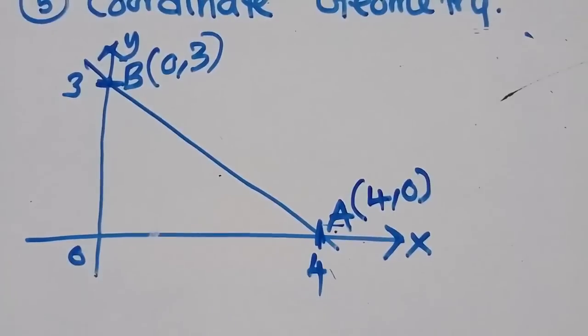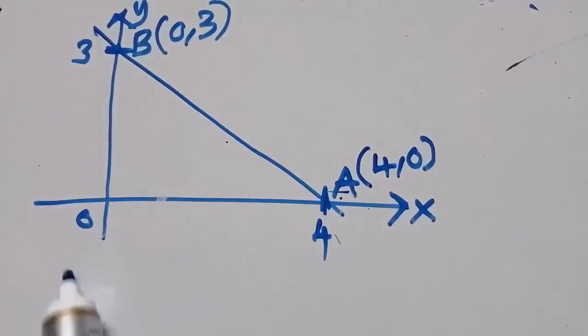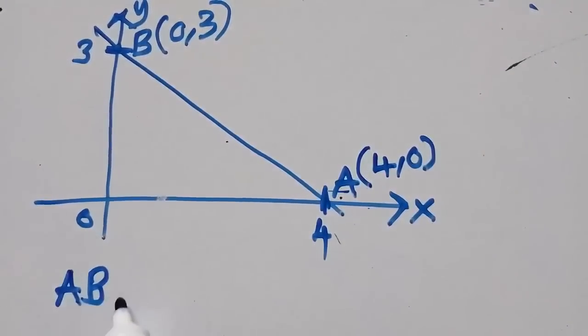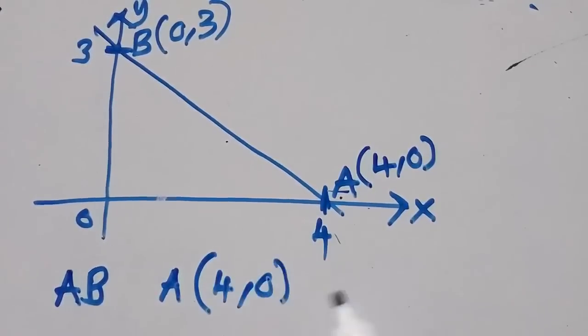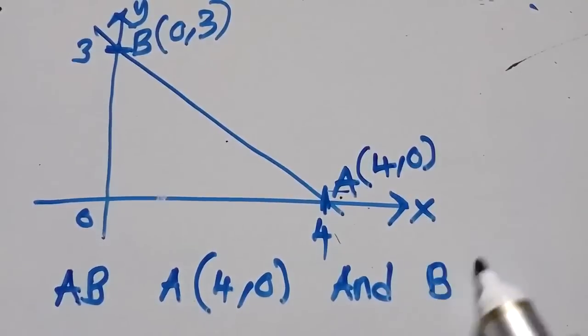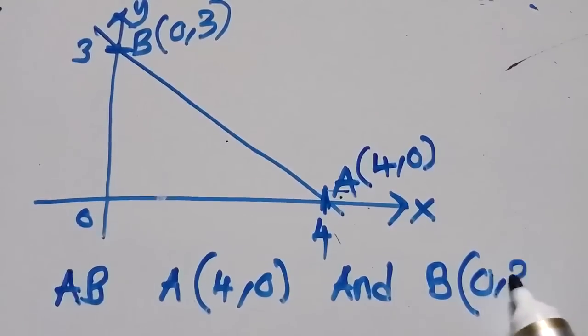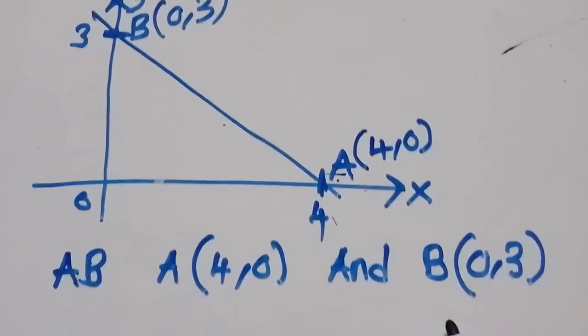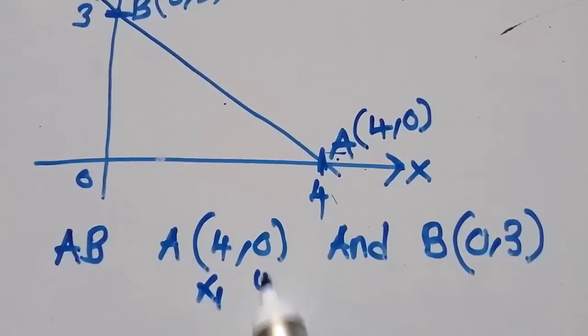So like in this case, let's say you're told to find distance AB. The coordinates for A are 4, 0, and for B are 0, 3. These are the two coordinates. You say this is x1, this is y1.